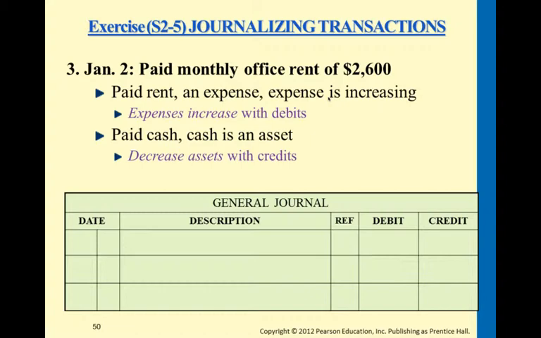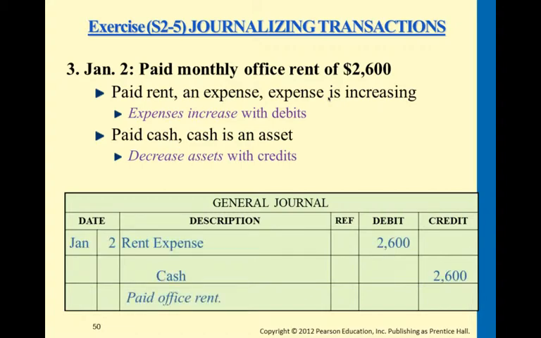Want to try? Credit cash by $2,600, and debit rent. Rent represents rent expense. Rent expense increase will be recorded on the debit side. Thank you, very good.